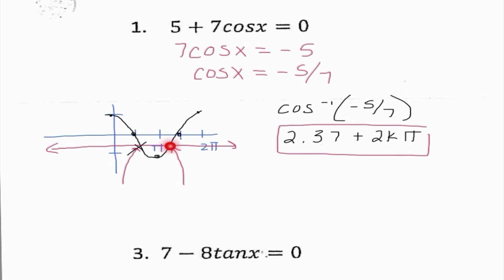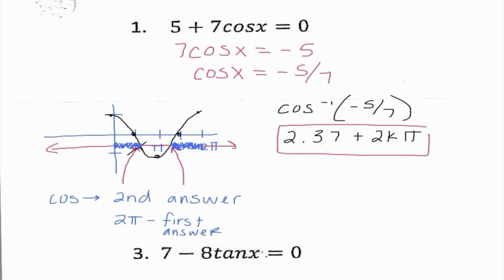Now, we notice that we have another answer that our calculator did not give us. And so the thing that I notice about this graph is that it is very symmetric. In fact, if I folded right down the middle here, it would look exactly the same. So what that's telling me is that the distance from 0 to our first answer is the same as the distance from 2 pi to our second answer.